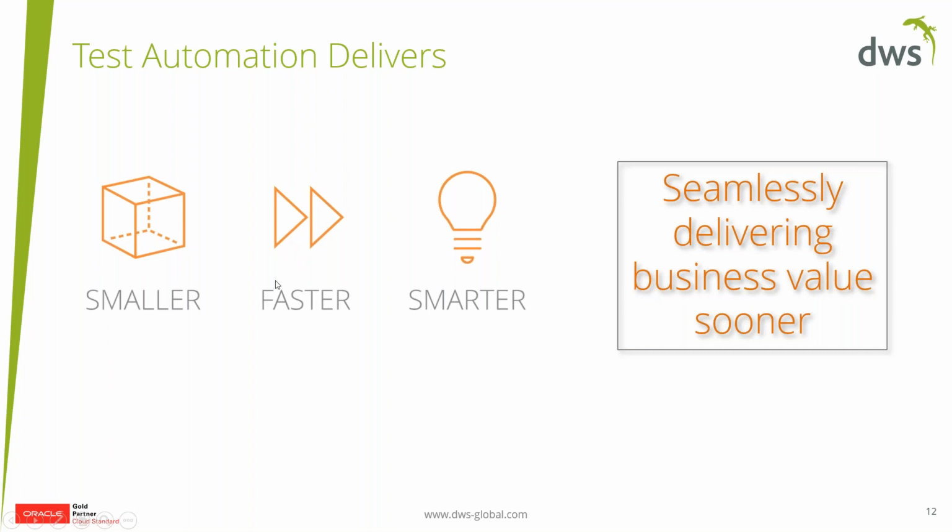You're going to be able to complete your testing and your overall project faster, and ultimately because you're doing it in a smarter fashion. So whenever we talk about updates and goals, we really just want to find a way to deliver value to the business sooner than you have in the past.